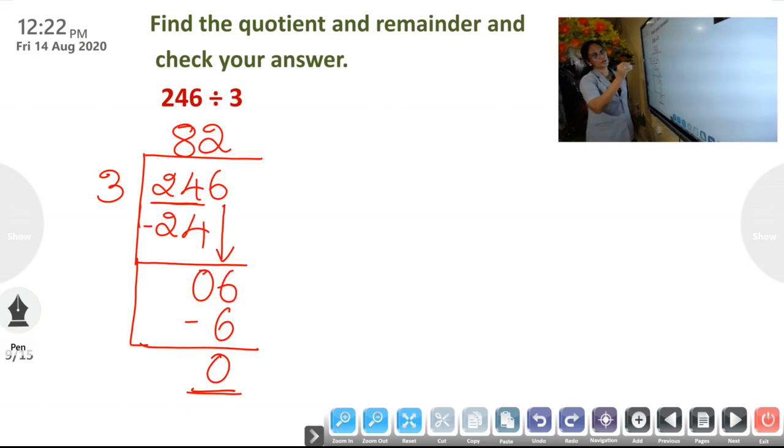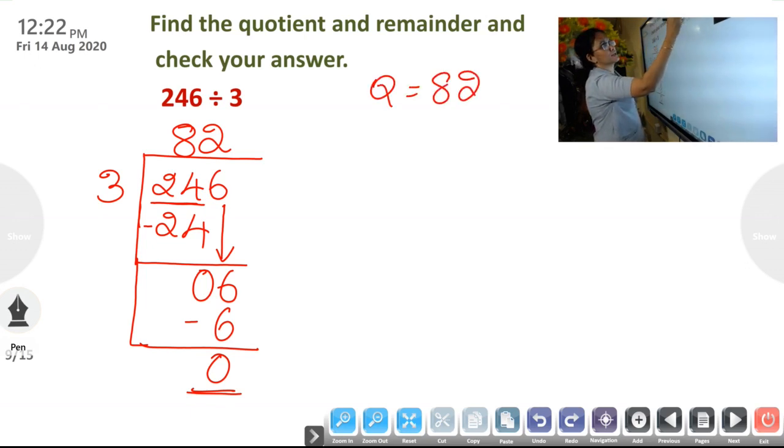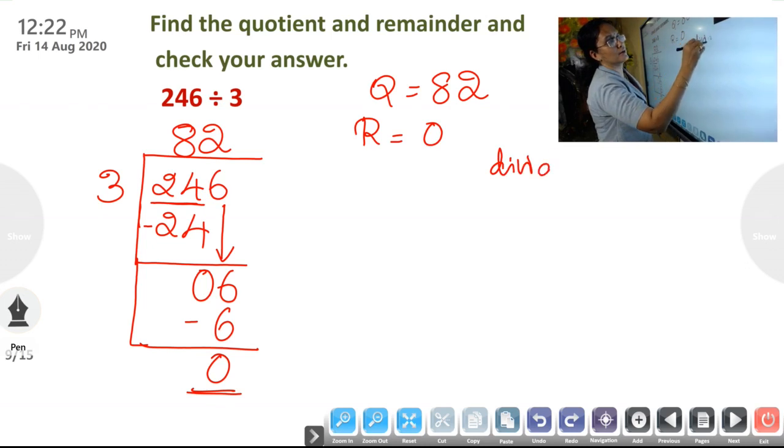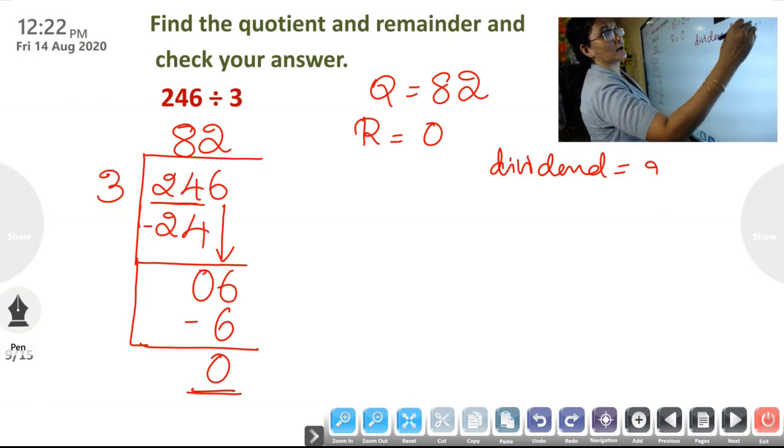So, what is the quotient here you got? Quotient is the answer, that is 82. And what is the remainder you got? Remainder is 0. Then, how will you check the division? You know what the dividend is? Dividend is 246.